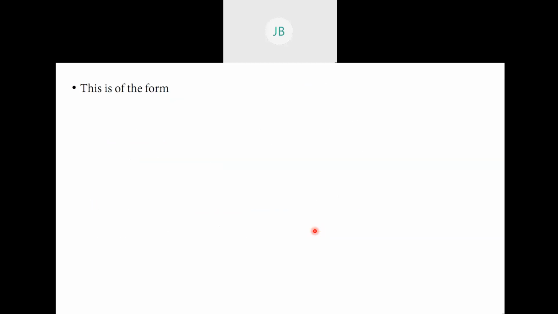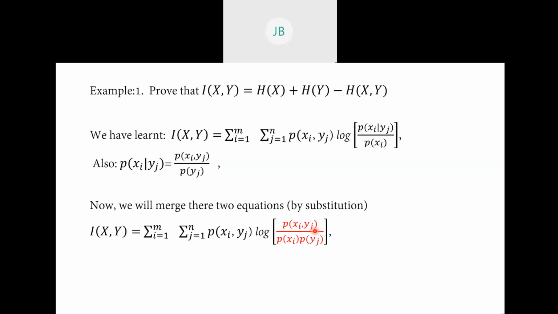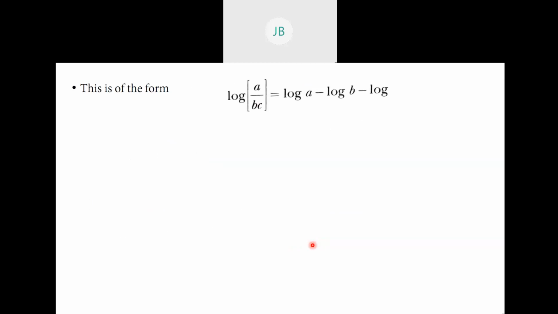Now, further, if you observe the previous equation, we have a term log of a divided by b and c.